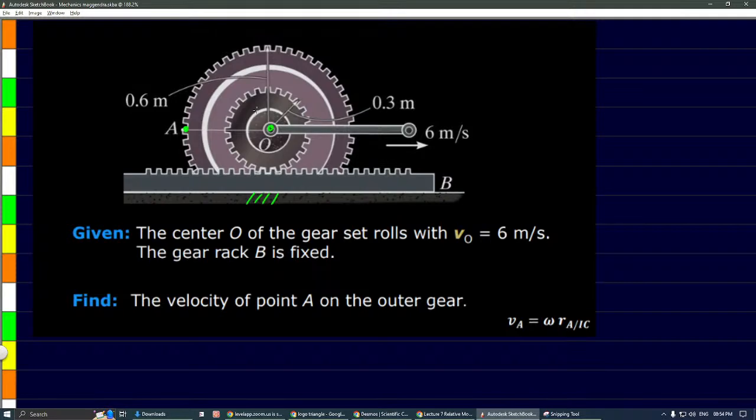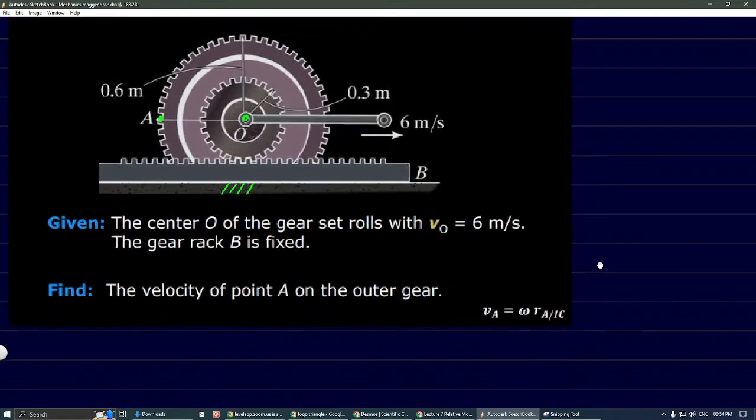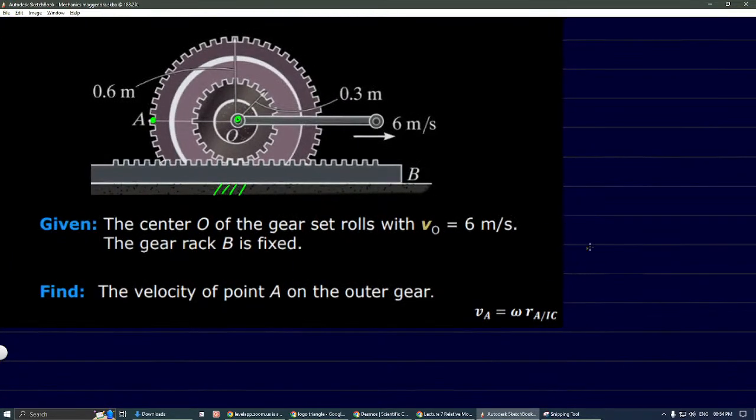It's rotating, so peripheral velocity at this point it will be upwards. At this point it will be right side and so on.